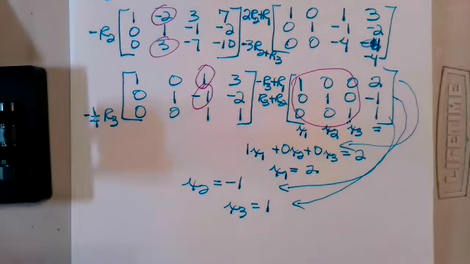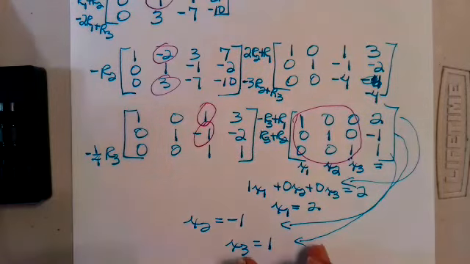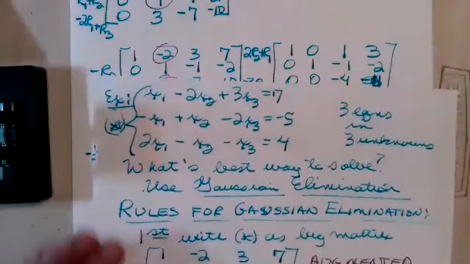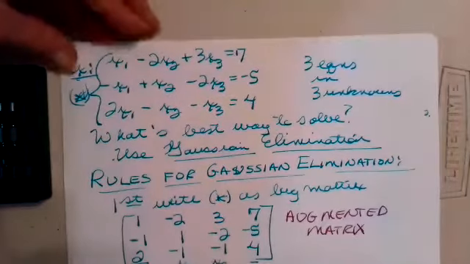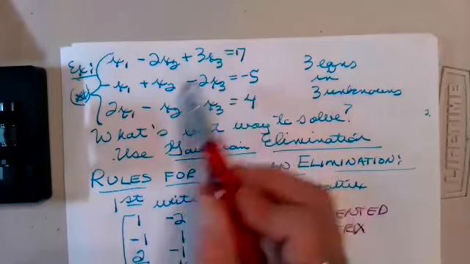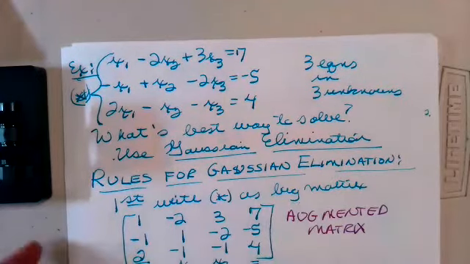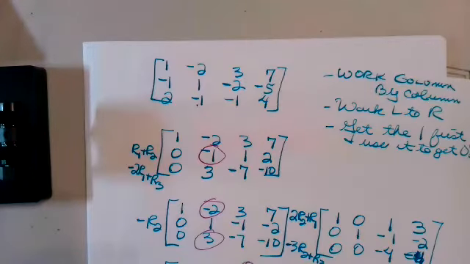The solution to that equation, where did I write my original problem? Up here. So the x1, x2, x3 that satisfies this system of equations right here, what did we find?